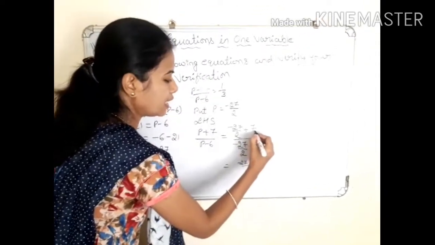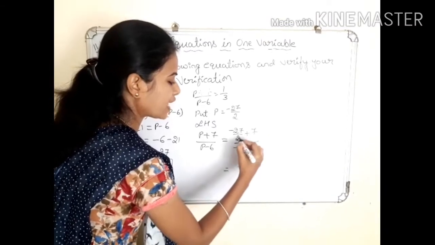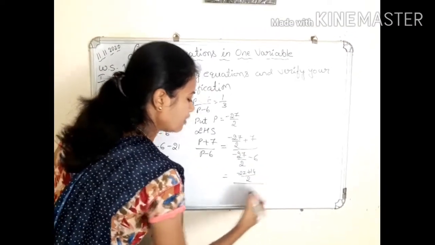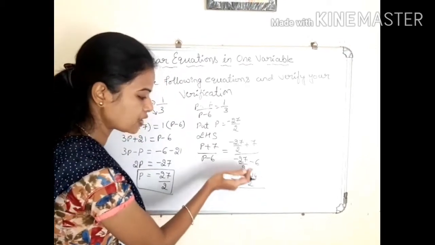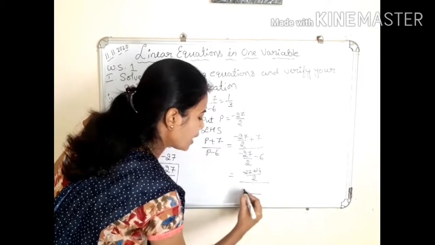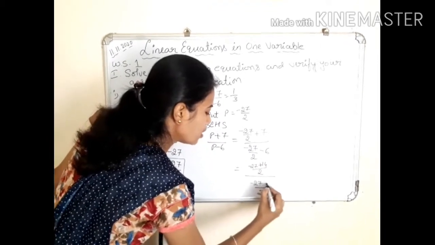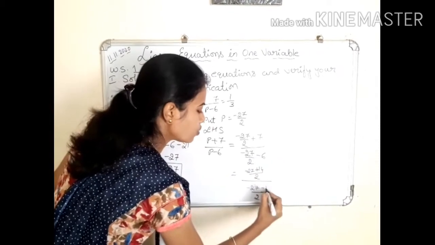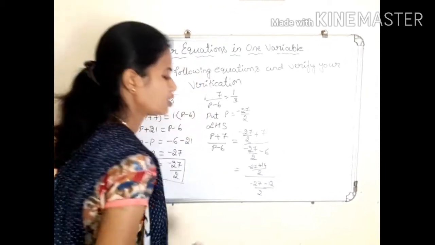In the numerator, 7 2s are 14, plus 14. In the denominator also you have to do the same. LCM is 2, minus 27 minus 6 by 1, nothing but 6 2s are 12, minus 12.